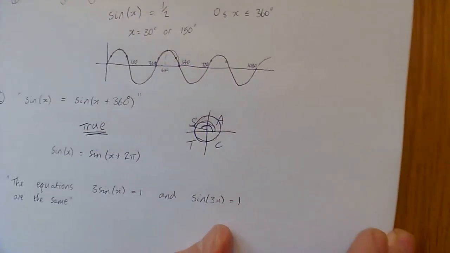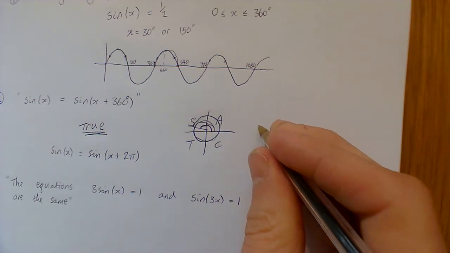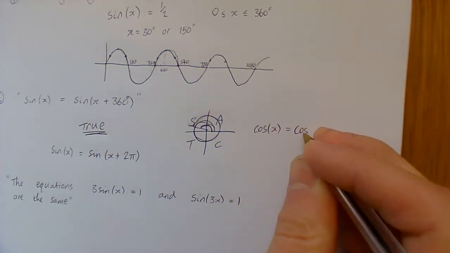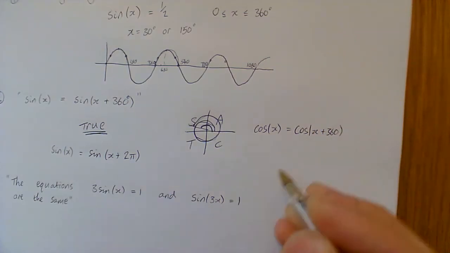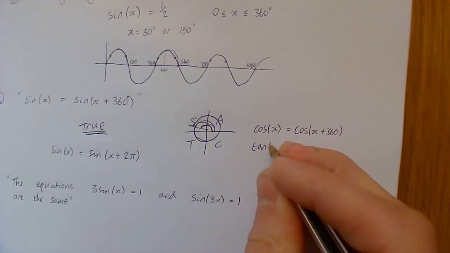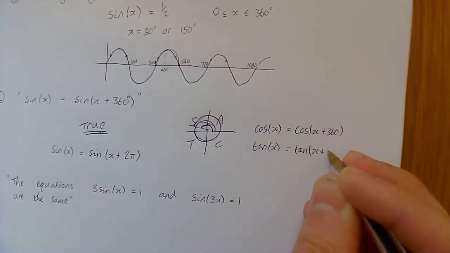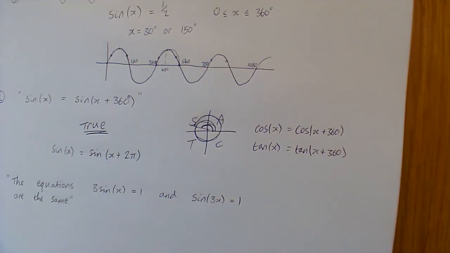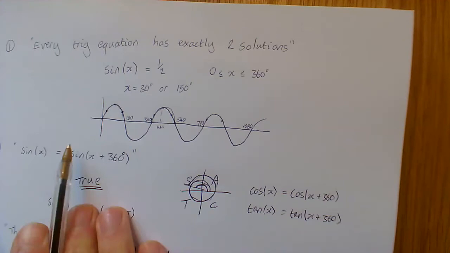It's also worth mentioning, it doesn't matter whether we're working with cos, sine, or tan. So we can also have cos of x is the same as cos of x plus 360, or the equivalent 2 pi version, and tan of x equals tan of x plus 360. So whichever trig function you're working with, it repeats every 360 degrees. Now that's going to combine with this top fact here to give us our extra solutions.